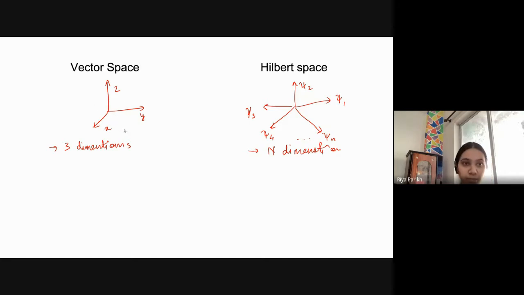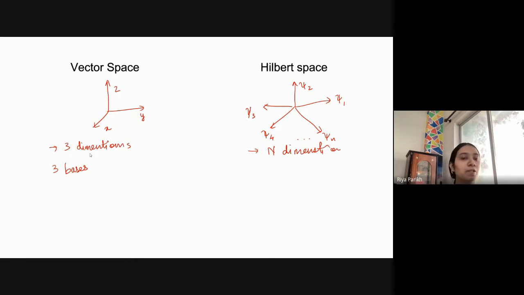Since we have 3 dimensions in vector space, we use 3 bases. Basis is just a measure for the vector space. When we pinpoint a point in a vector space, we always denote it with x, y, z coordinates, right? So these are 3 bases.